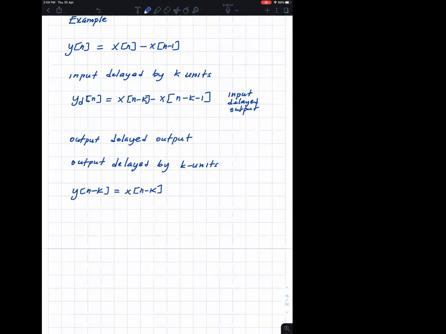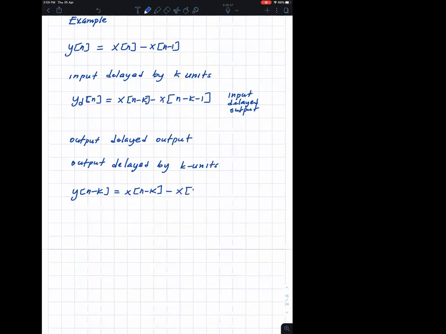All you need to do is replace the n with n minus k, so you replace all the n's with n minus k: xn minus k minus xn minus k minus 1.